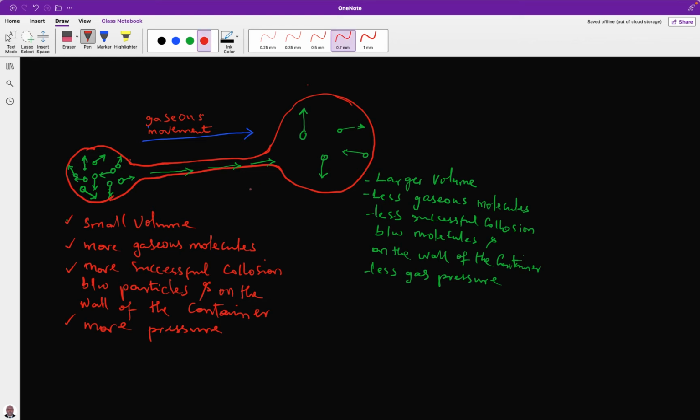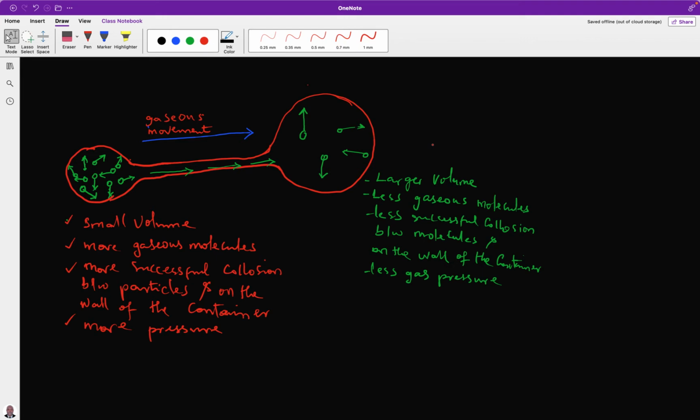Like in the case of ammonia, when there's high pressure, more of the nitrogen and the hydrogen will tend to move to the direction of the production of more ammonia, thus decreasing the pressure on the reactant side.